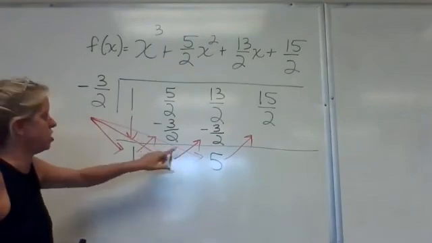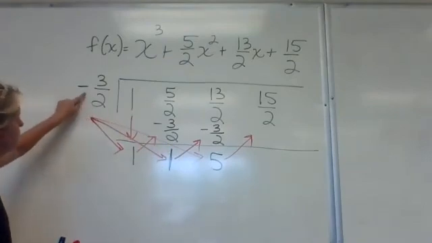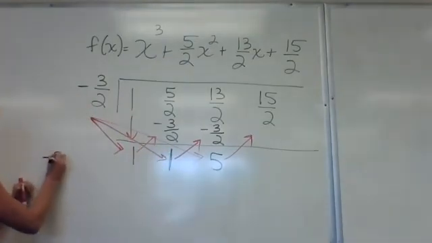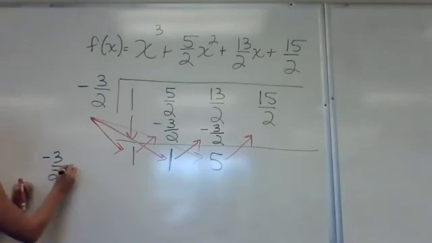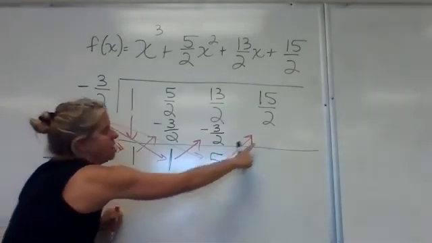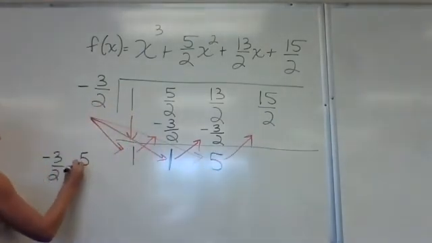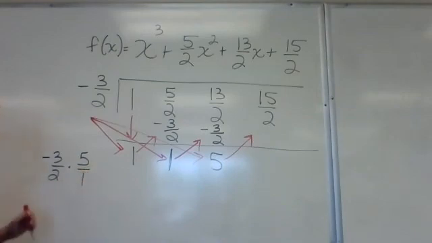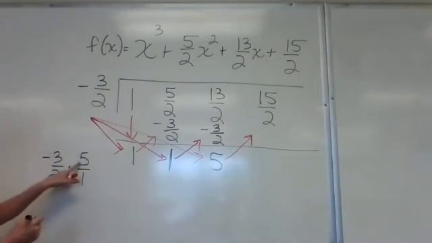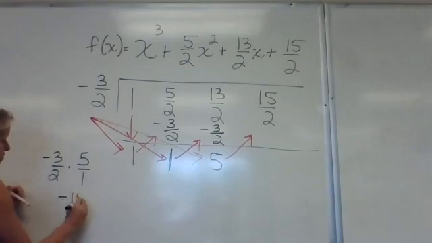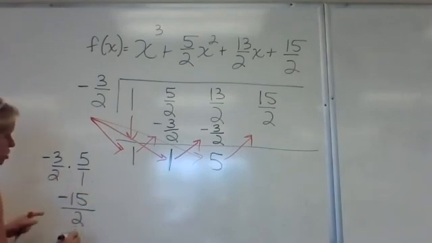So I'll do that over here to show you how to do that. Negative 3 halves times positive 5, and then I'll put my solution here. So when I'm multiplying and I have a fraction times a whole number, think of that whole number as over 1. So when I multiply, I just go straight across on top and bottom. So up top, I have negative 3 times 5, which is negative 15, over 2 times 1, which is 2.